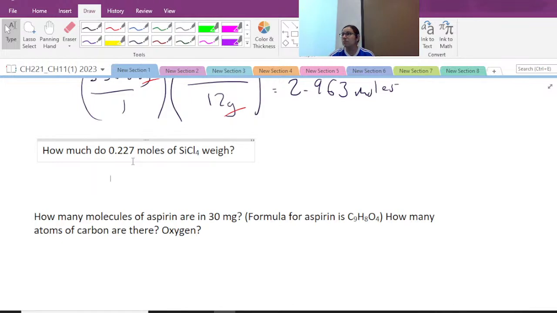I didn't memorize that molecular weight. So first, I just found the molecular weight of that silicon tetrachloride.